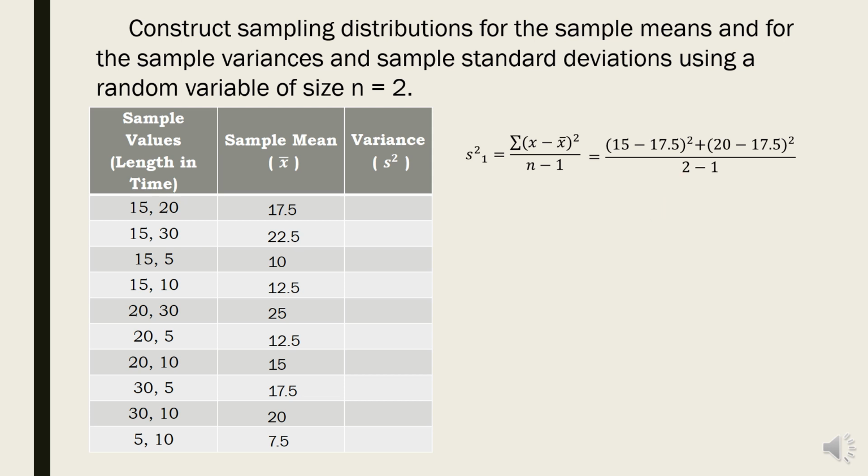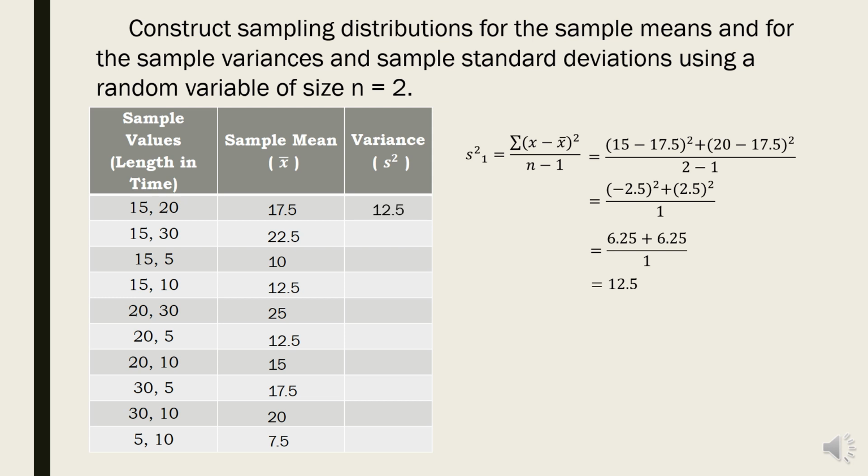So we have negative 2.5 squared plus 2.5 squared all over 1. That is 6.25 plus 6.25 over 1, and the result is 12.5. That is the variance of the first set, 12.5.